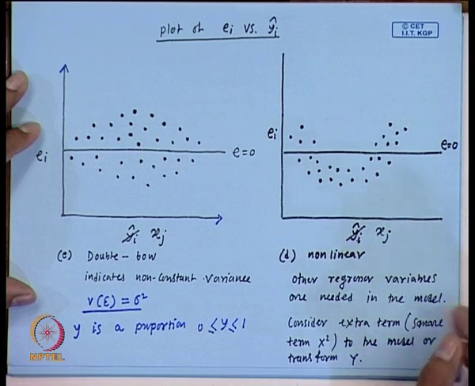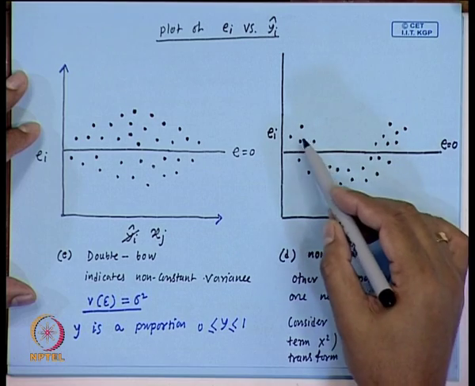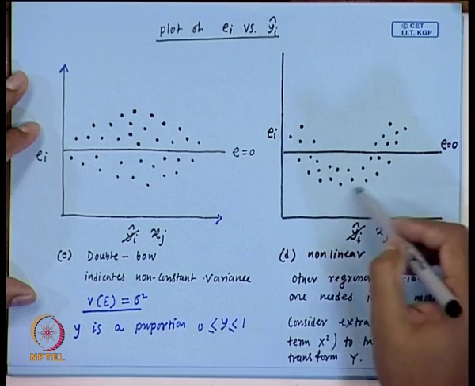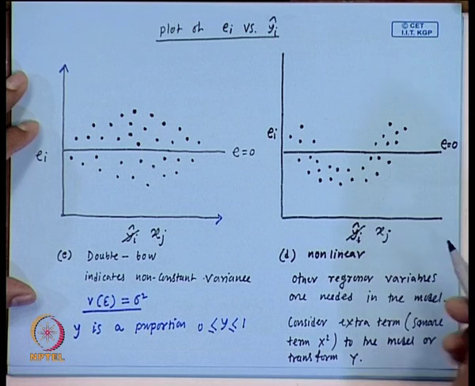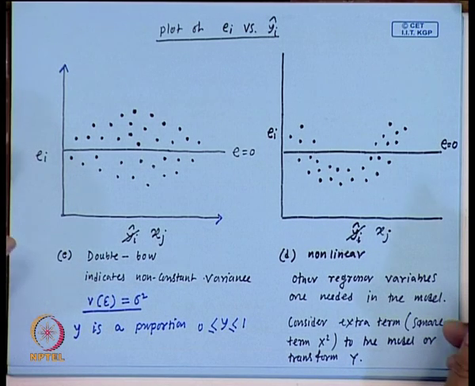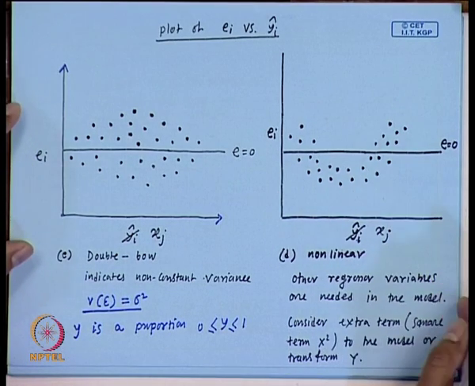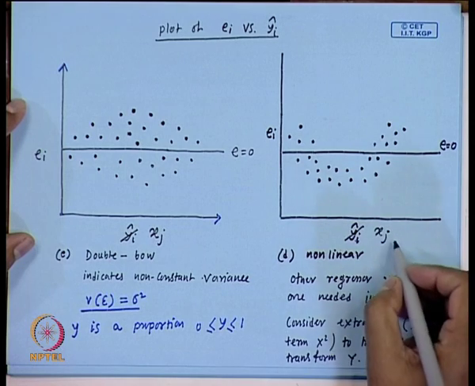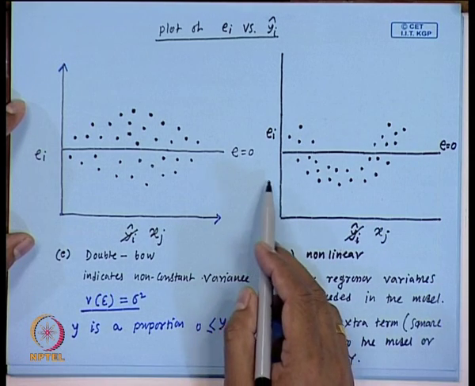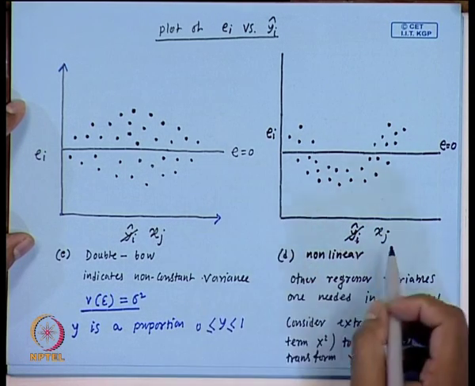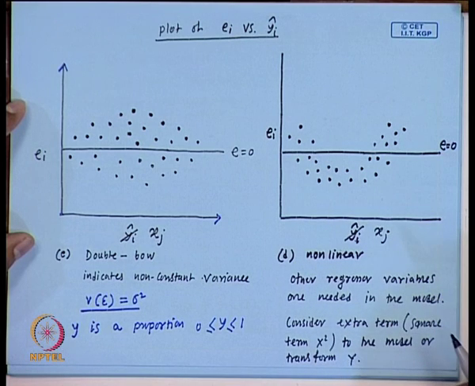And a nonlinear pattern indicates that the assumed relationship between the response variable y and xj is not correct.